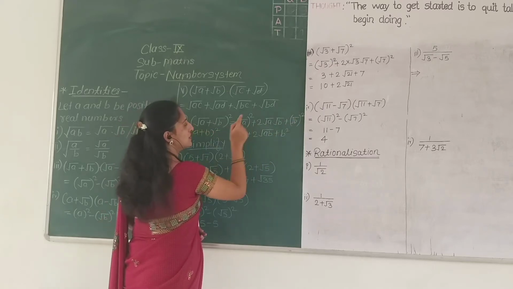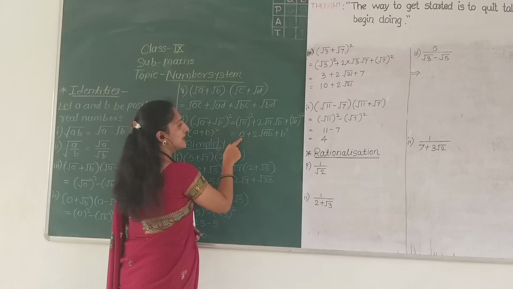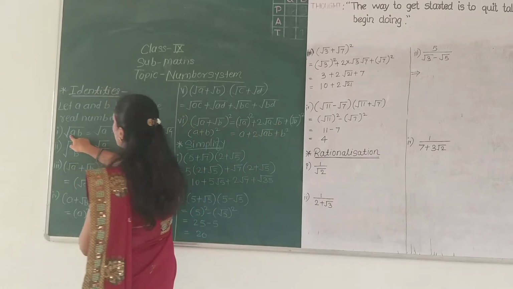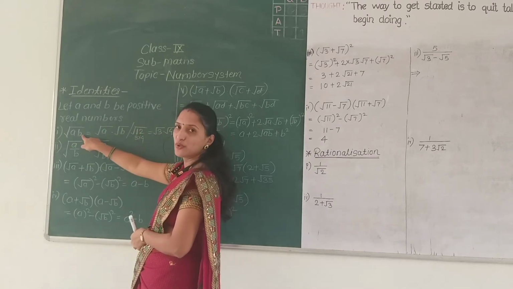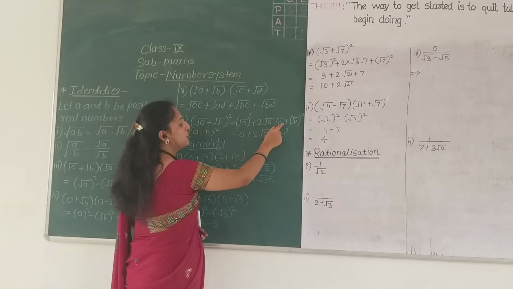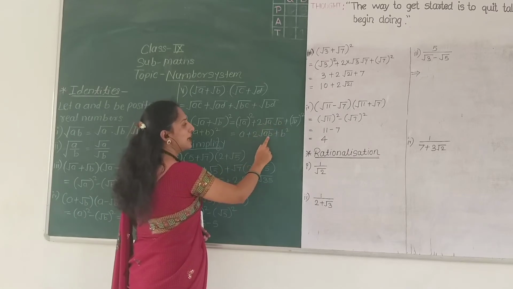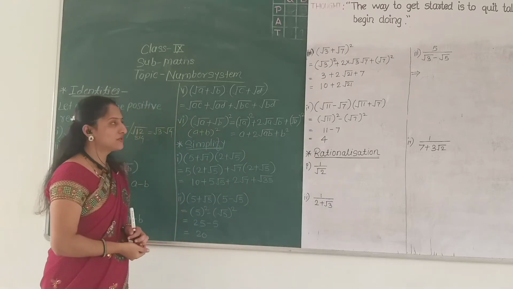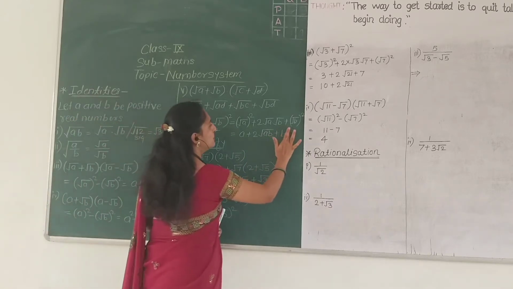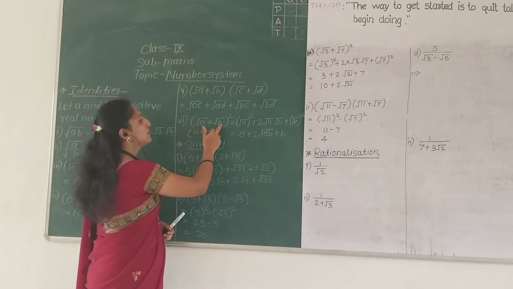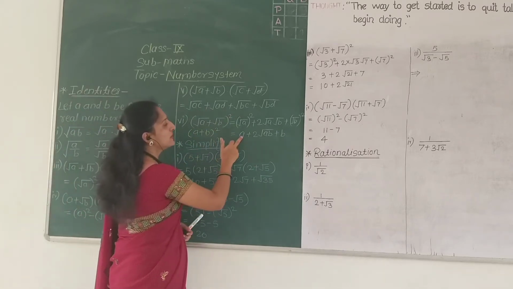So here root A square is A. 2 root A into root B. Root B square is B. So here I get root A plus root B whole square is equal to what?